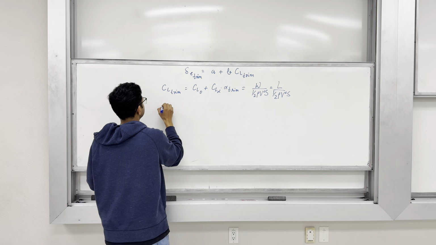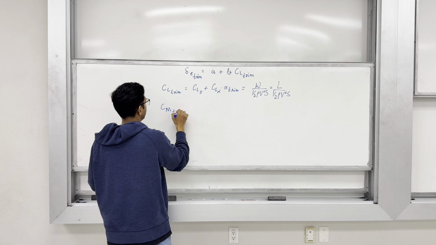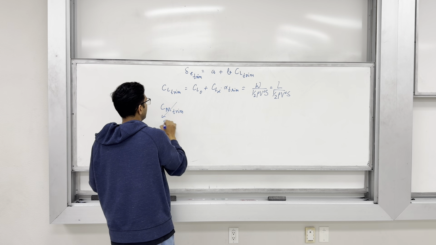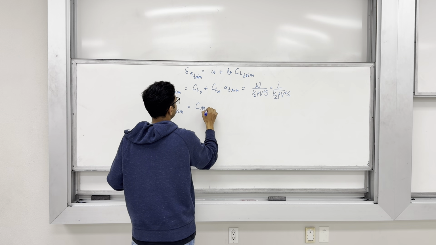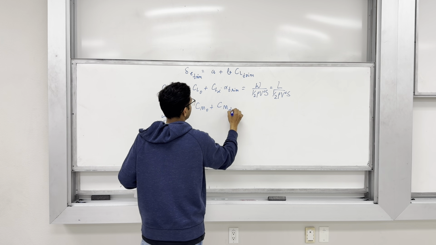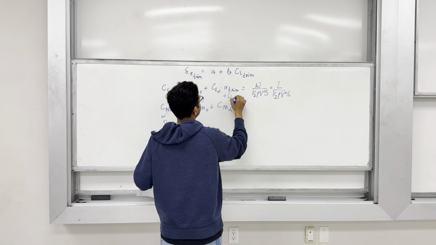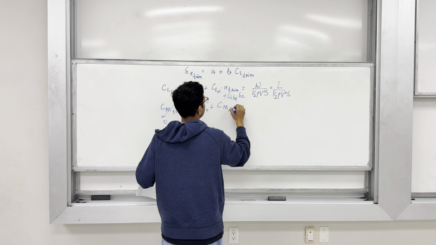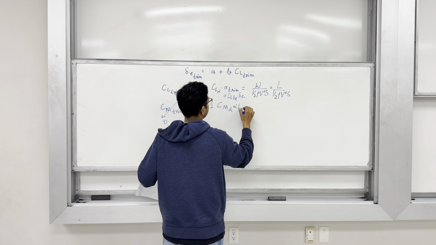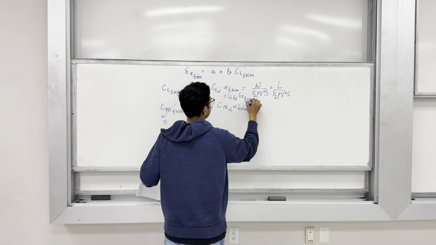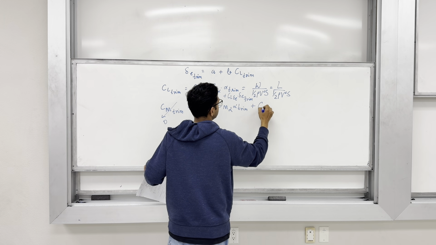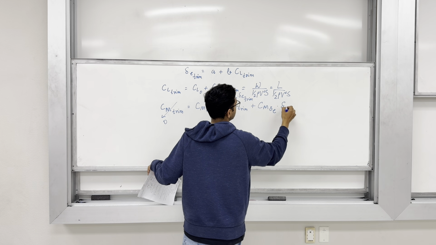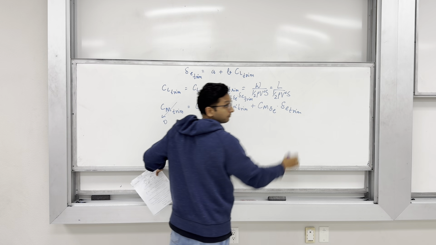And CM trim is 0, which means that CM naught plus CM alpha times alpha trim, plus the CM delta E times delta E trim term, equals 0.